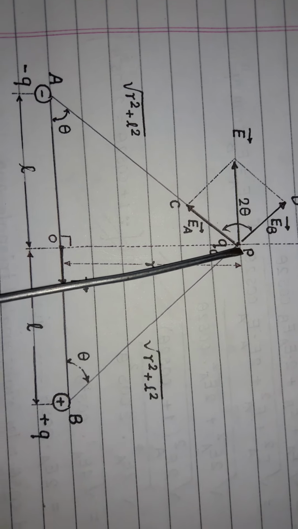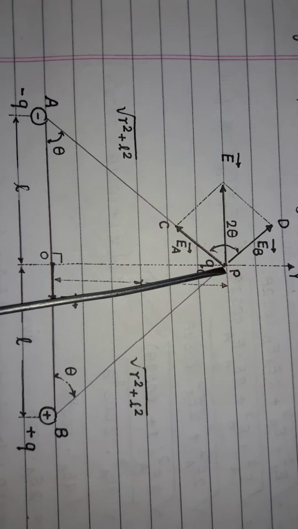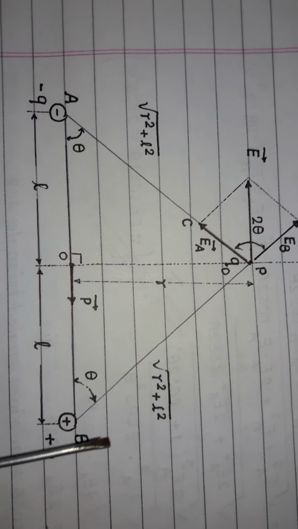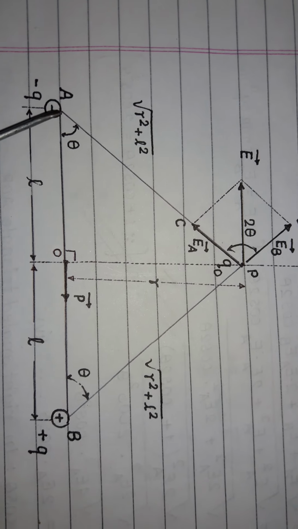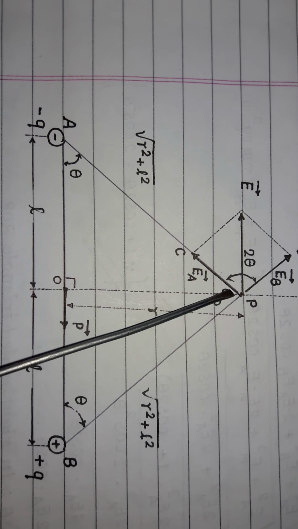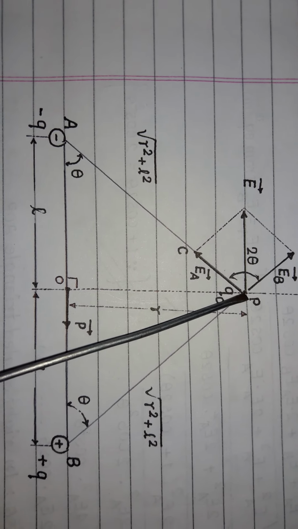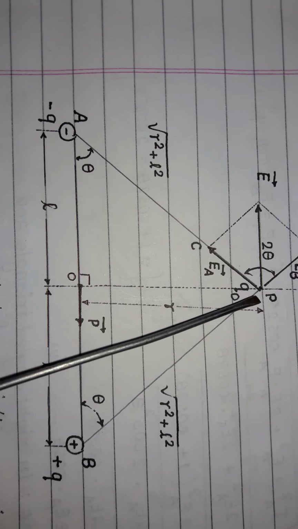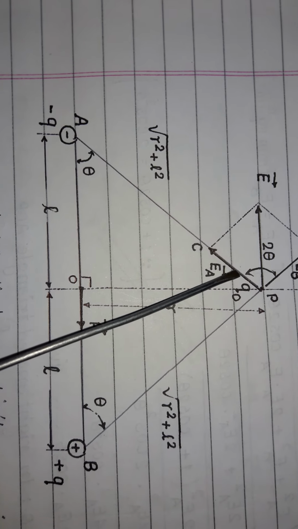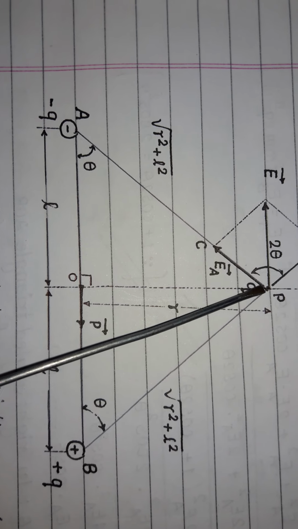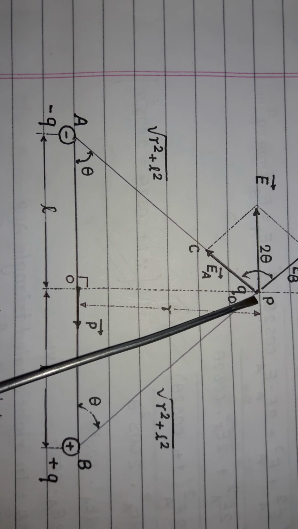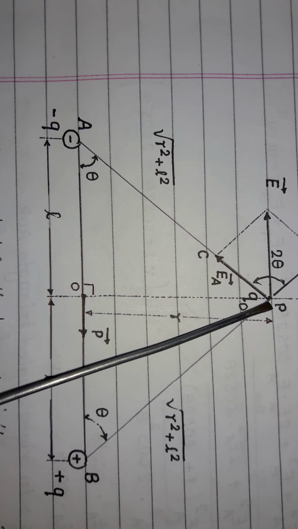Now see what will be the direction of electric field intensity at point P due to charges A and B. For charge A, since it is negative and the test charge which we have placed here is positive, this test charge will be attracted toward charge A. So EA, along PC, is the direction of electric field at point P. Clear?